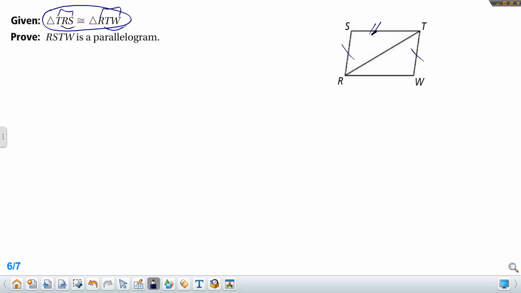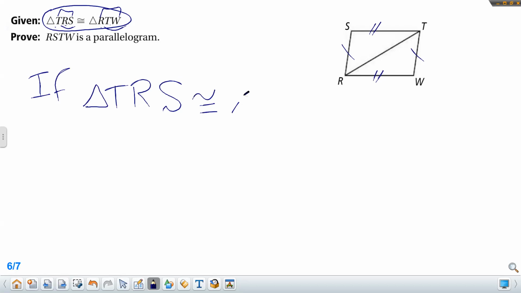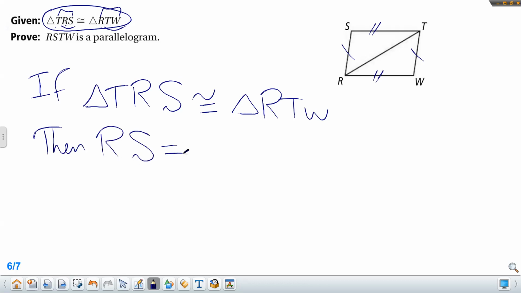And TR equals RT, because it's a common side. So now, since triangle TRS is congruent to triangle RTW, RS is congruent to TW and TS equals RW.